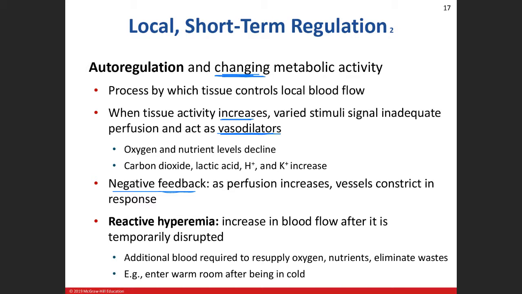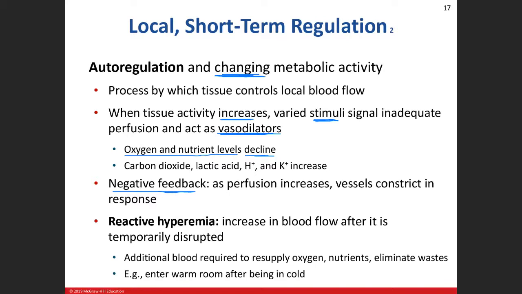So now what we're going to see is the situation in which oxygen and nutrient levels decline. The fact that those levels start to decline is the stimulus. Remember, we're dealing with that whole reflex phenomenon: stimulus, receptor, control center, effector.